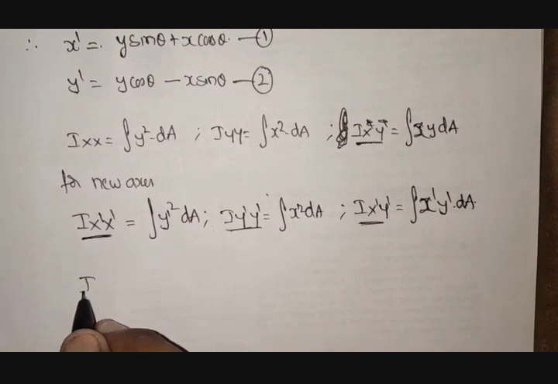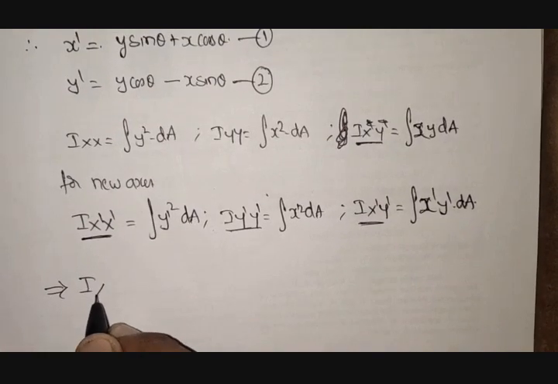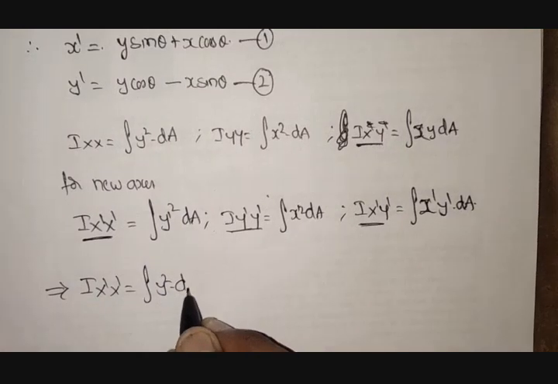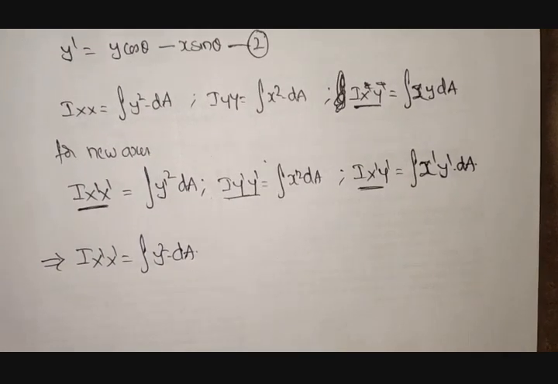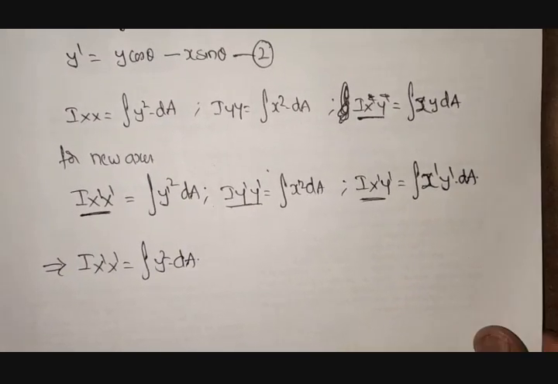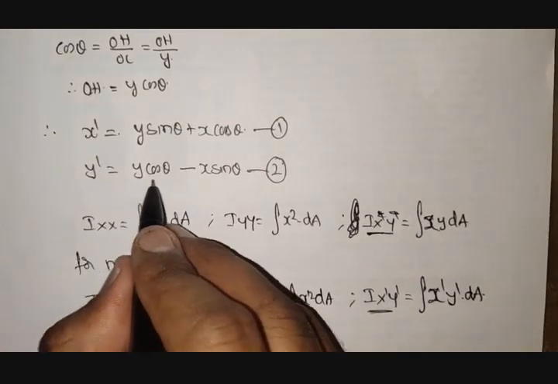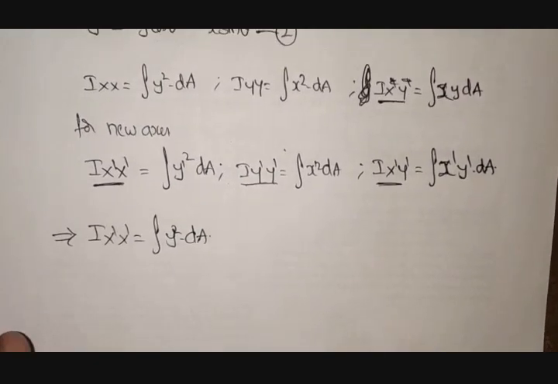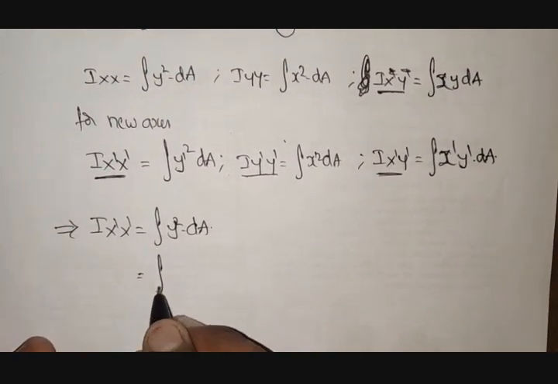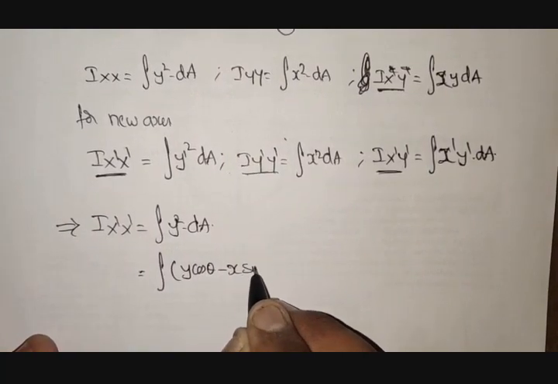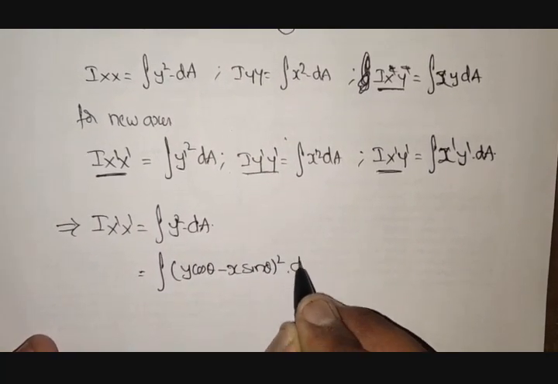Then the value of Ix dash is equal to integral y dash square into dA. What is the value of y dash here? Y cos theta minus x sin theta. Just substitute that value: integral of y cos theta minus x sin theta, whole square, into dA.